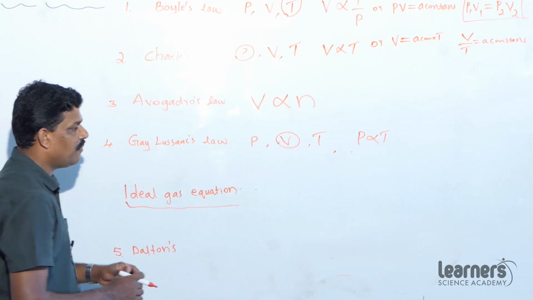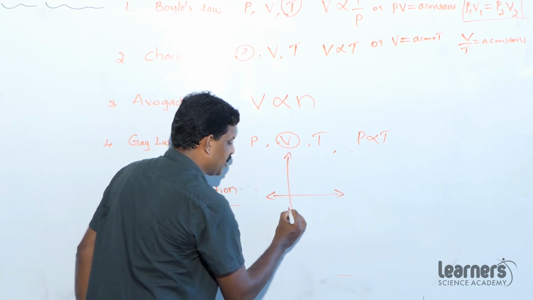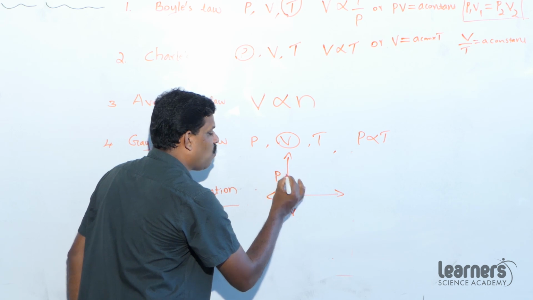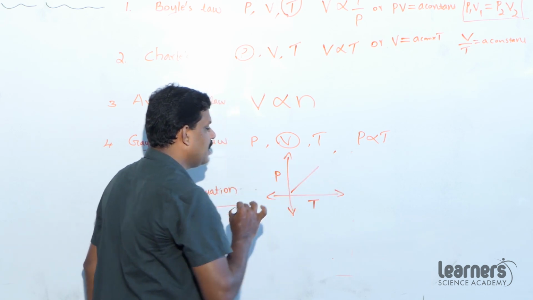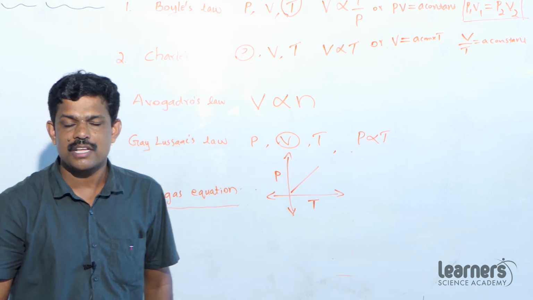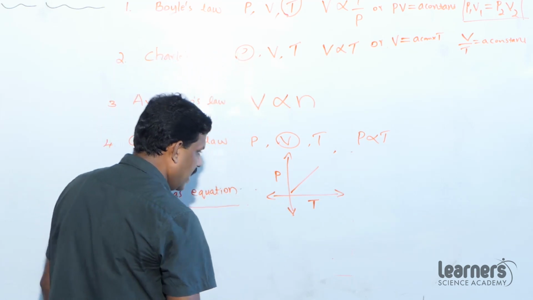When we plot Gay-Lussac's law graphically, you show pressure on one axis and temperature on the other axis. It will be a straight line because pressure is directly proportional to temperature in Kelvin scale.